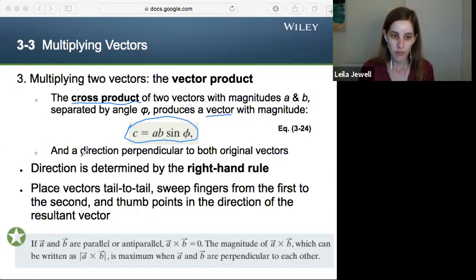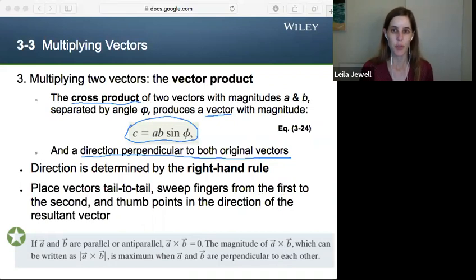The direction is perpendicular to both the original vectors. So the cross product will give us a perpendicular resultant. Very cool. The direction is determined by the right-hand rule, which we'll cover in just a moment. What we're going to do for the right-hand rule is we'll place the vectors tail to tail and then sweep the fingers from the first to the second, and the thumb will point in the direction of the resultant.